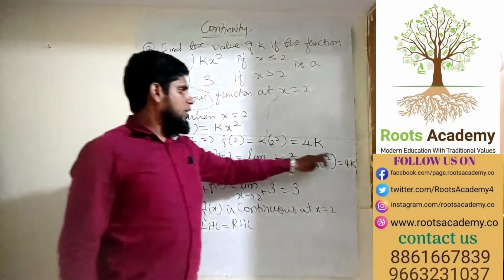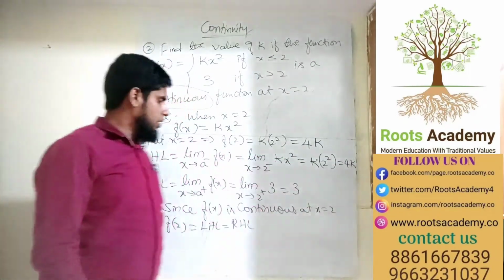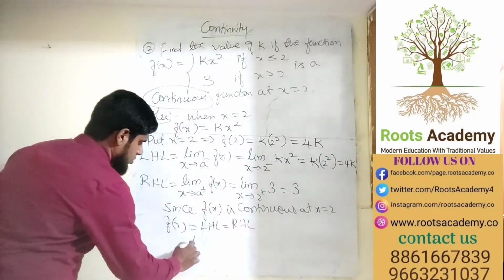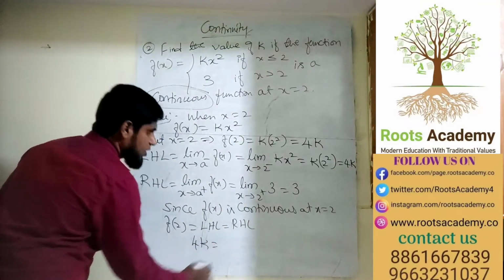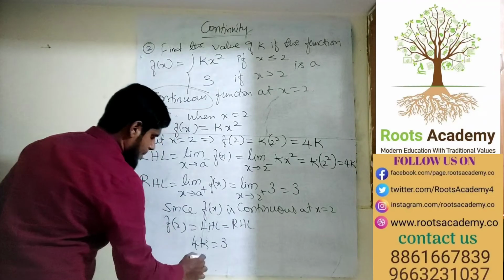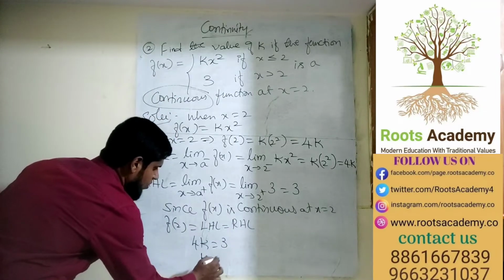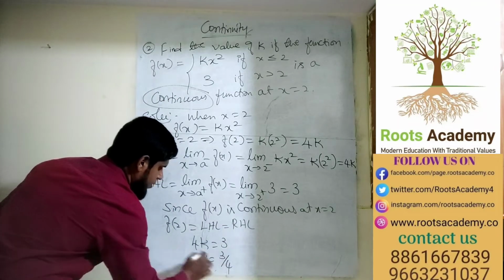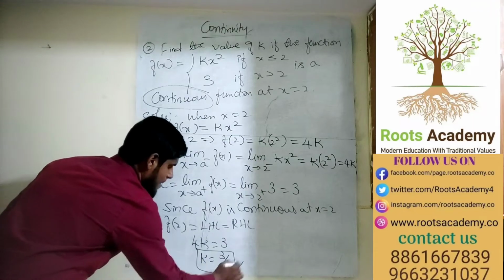So these values are equal, and I'll take any one. That is 4k is equal to the right hand limit, which is 3. So student, the value of k is 3 divided by 4.